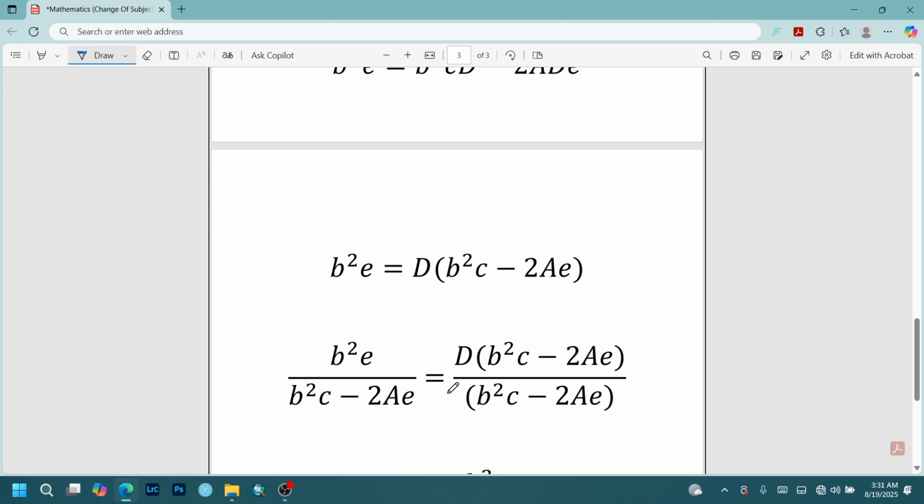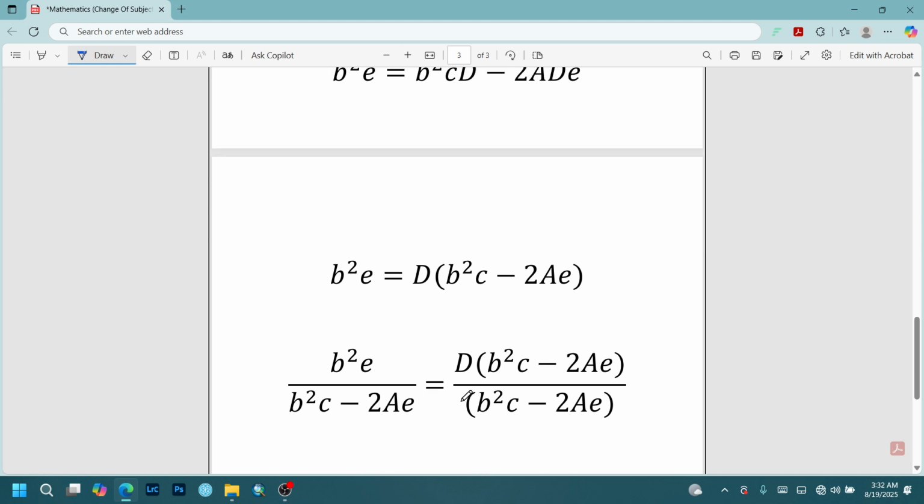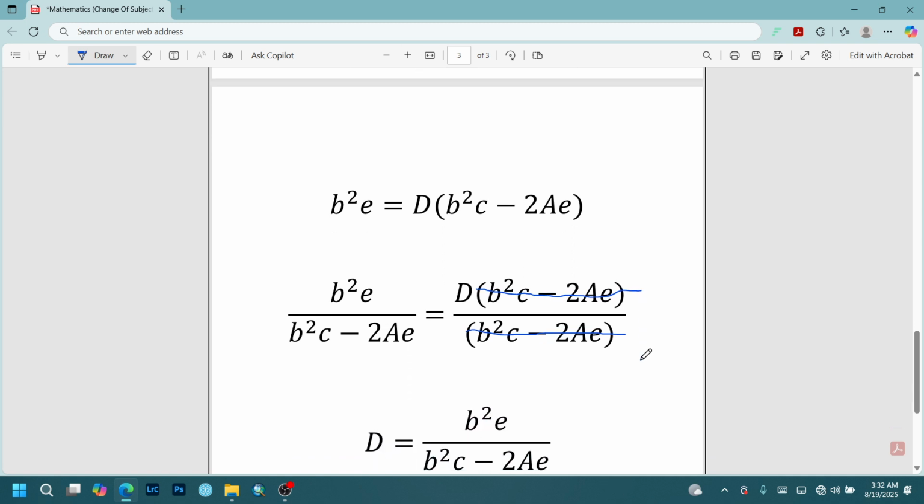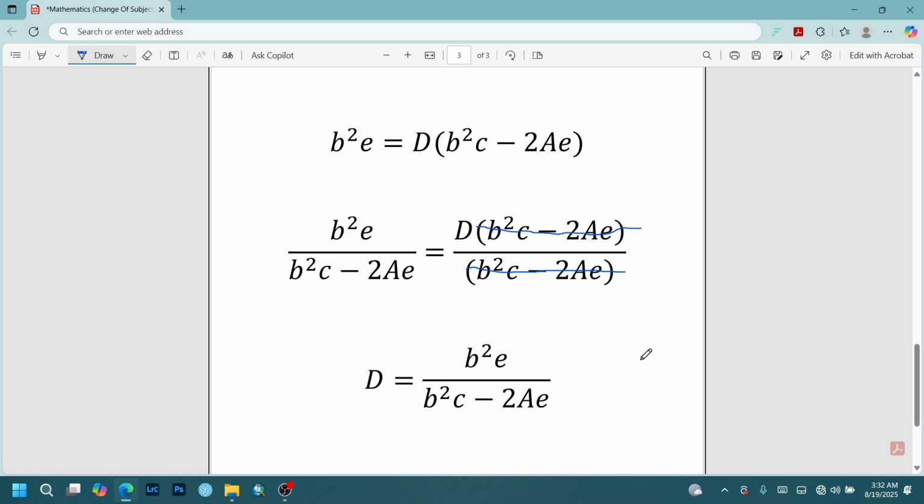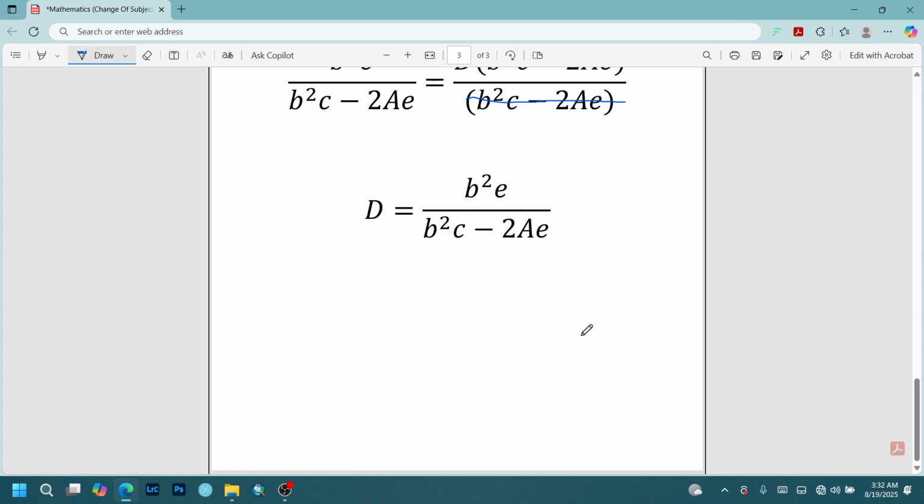In doing the cancellation, b squared c minus 2ae will cancel itself out, and equally cancel out the dependent variable attached to d, which is the same b squared c minus 2ae, making d independent, or the subject of the relation. So we are going to have d equal to the fraction b squared e over b squared c minus 2ae.